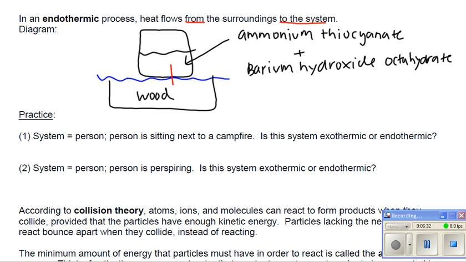So this time it's flowing in this direction. So if heat is lost from the surroundings, they will feel cold. This time the surroundings, meaning the water and the wood, are going to feel cold.